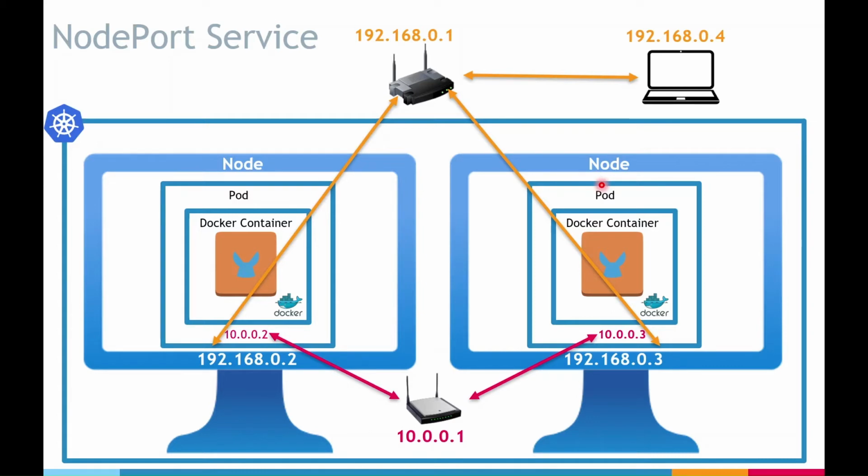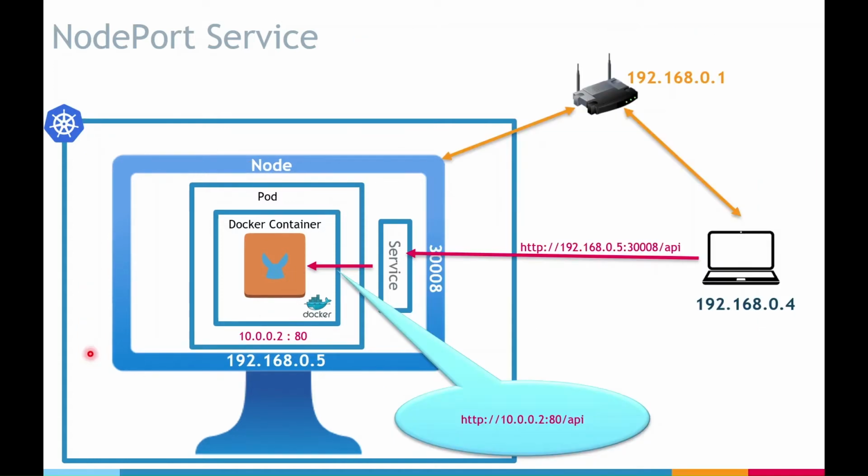So let's understand that. Here's how the NodePort service works. I have simplified the diagram a bit just to clear the clutter so that we understand it better. The idea here is to forward a port on the node to the pod, or eventually the Docker container.